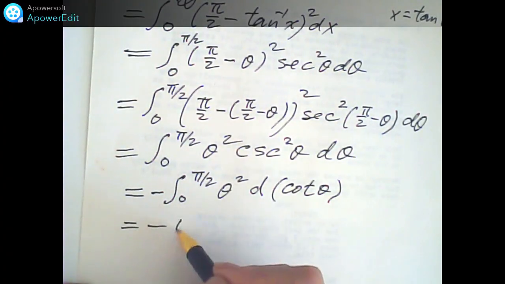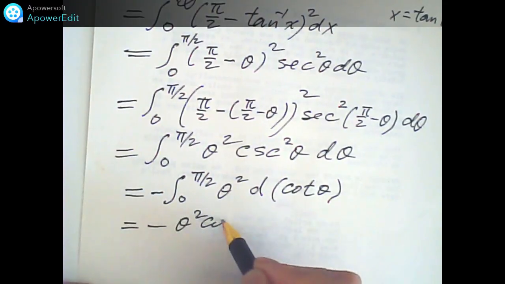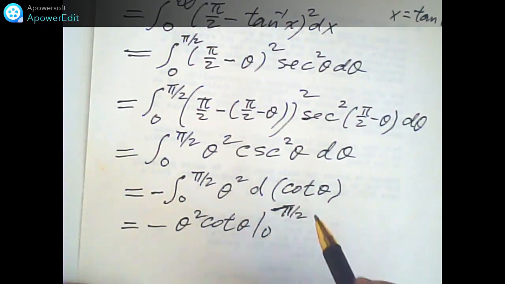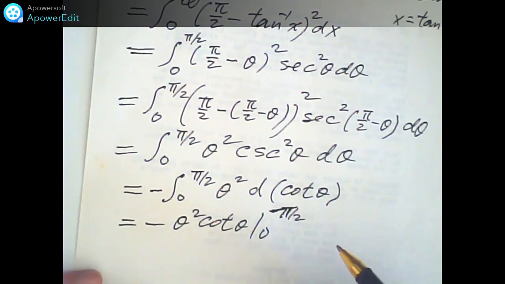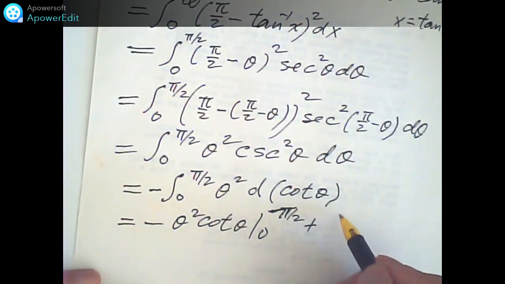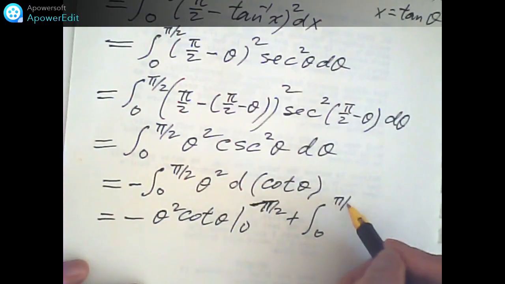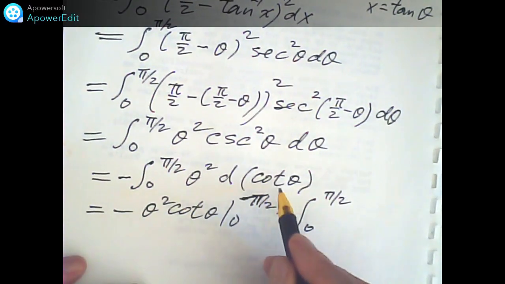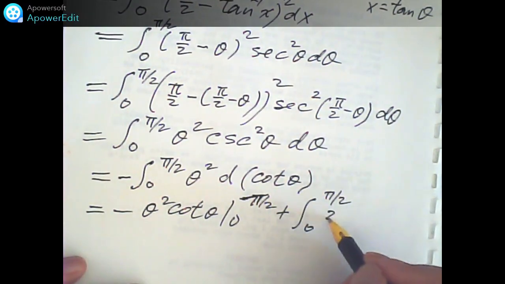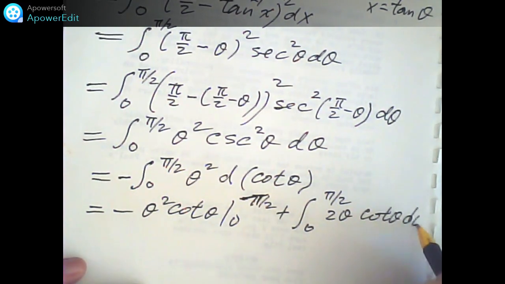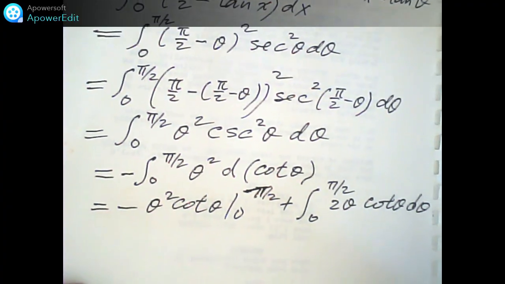This is theta squared cotangent theta from 0 to half pi, and plus the integral from 0 to half pi. This times this, right? This is 2 theta cotangent theta d theta.